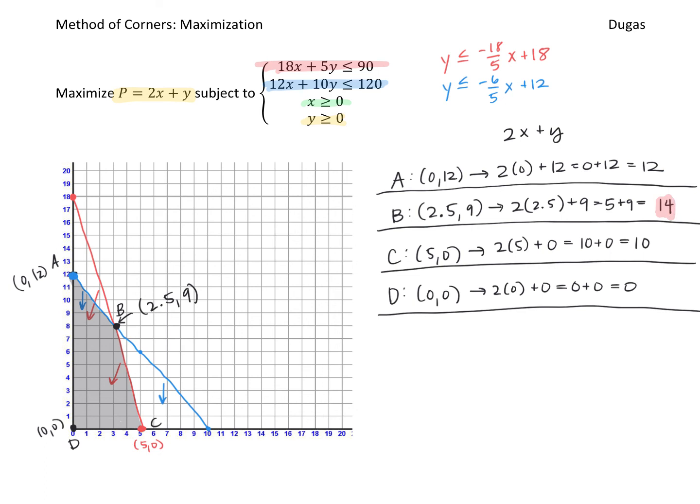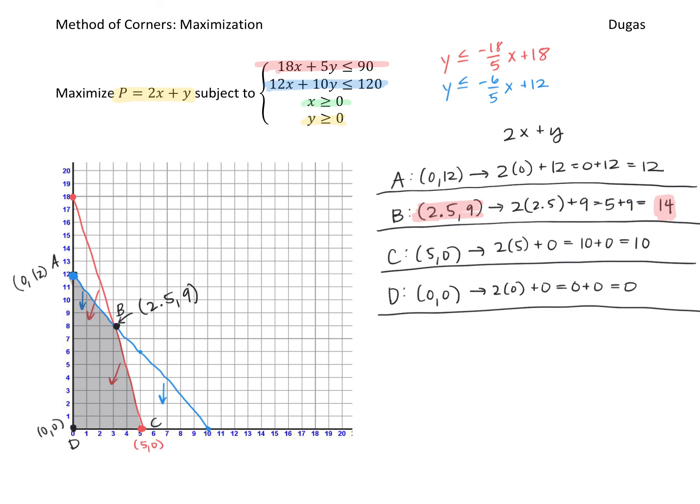So that is going to be the maximum of this system of equations. It happens at the point (2.5, 9). So you can say the maximum occurs at p equals 14 when x is 2.5 and y is 9.